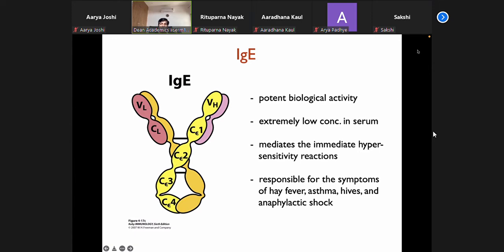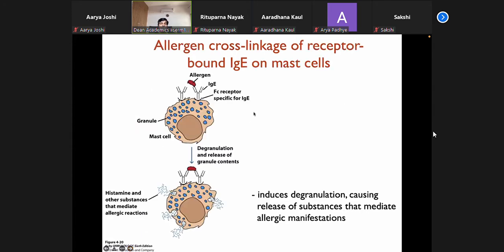For all these allergic responses like hay fever, asthma, hives, anaphylactic shock, the IgE antibody is the one which causes all these functions or these diseases, right? How? This is how it does it. Okay, let's say you have these mast cells.